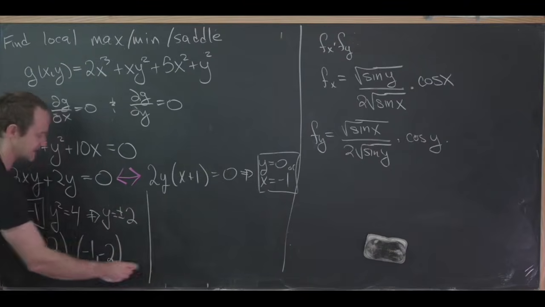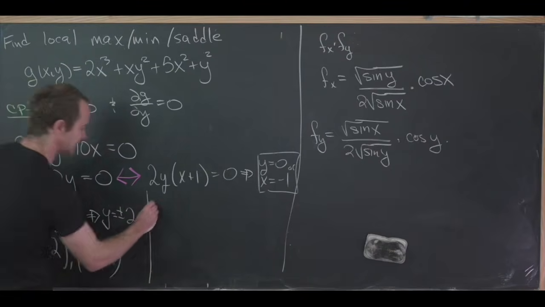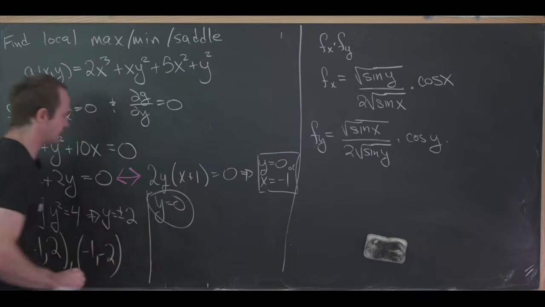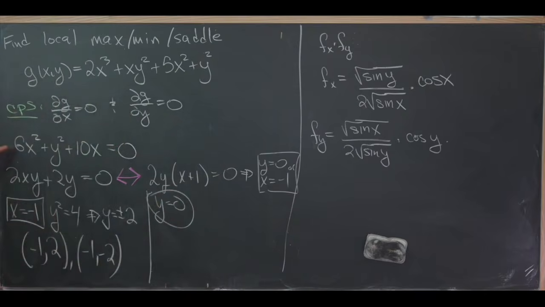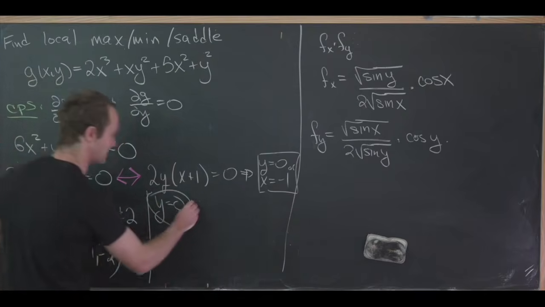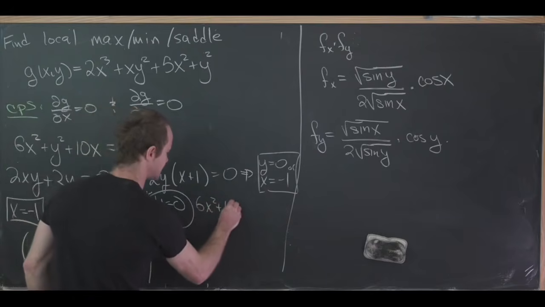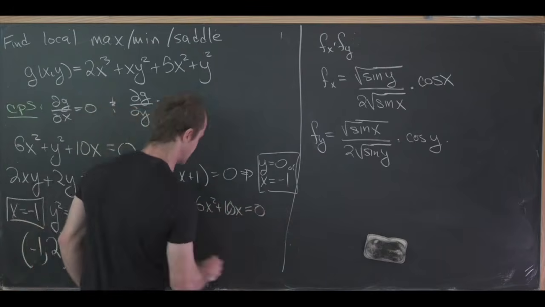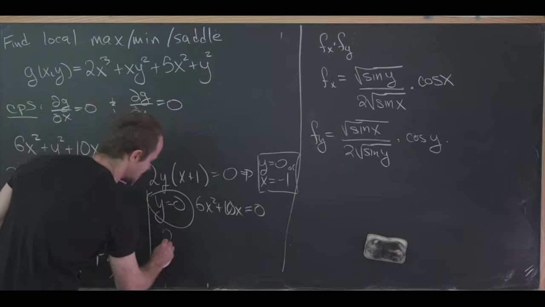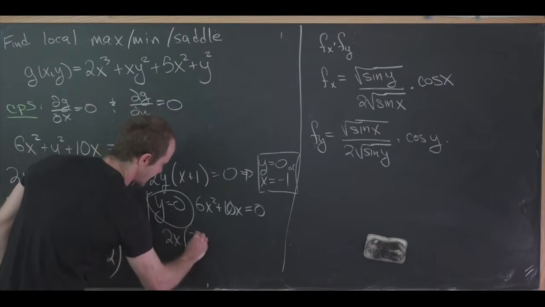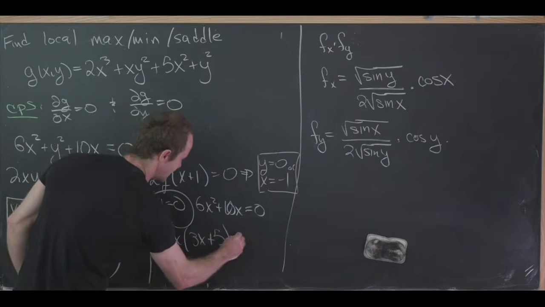Now let's go to this next one. Our next case is y equals 0. Plugging that up here gives us 6x squared plus 10x equals 0. We can factor a 2x out. That leaves us with 3x plus 5 equals 0.